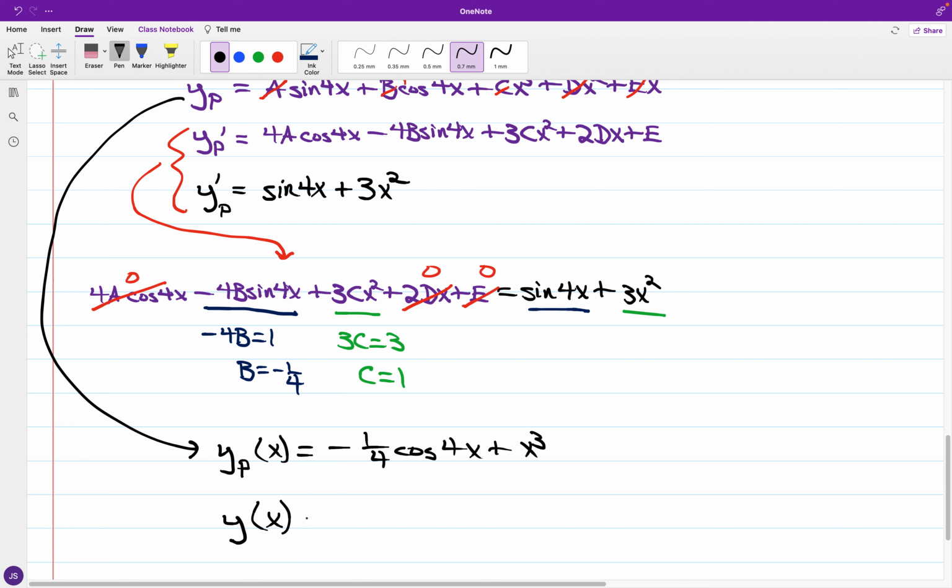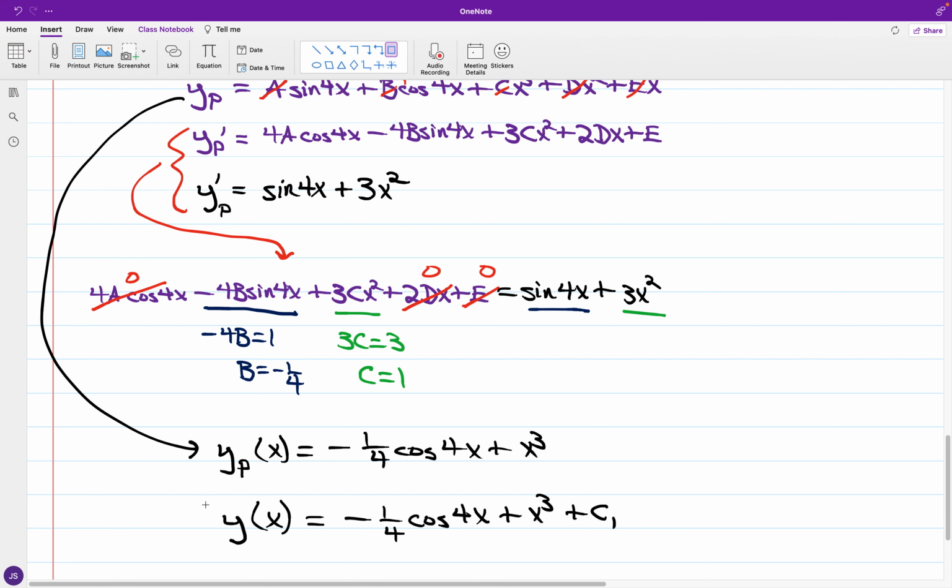And since the complementary solution is just the constant, for the whole solution we're looking at negative 1/4 of the cosine of 4x plus x cubed followed by the constant.